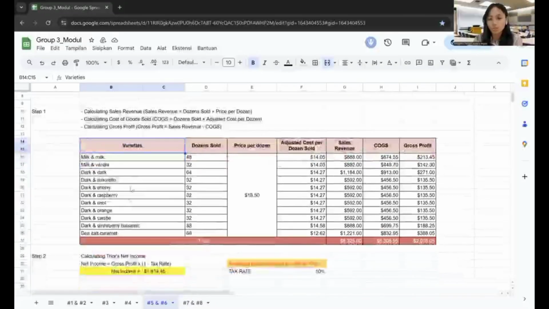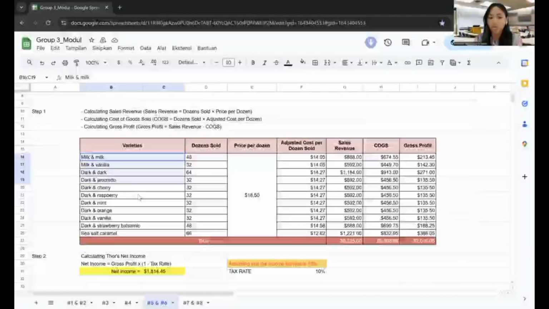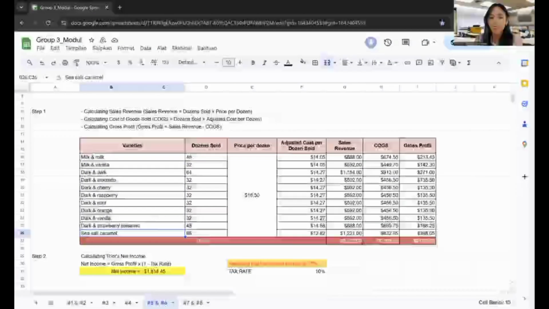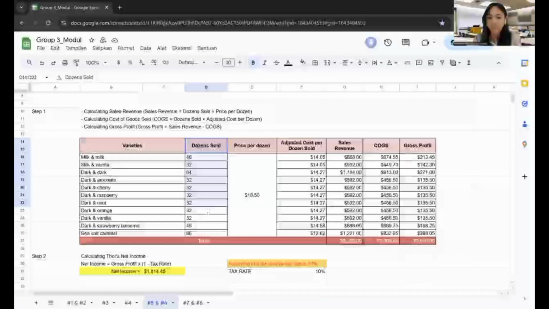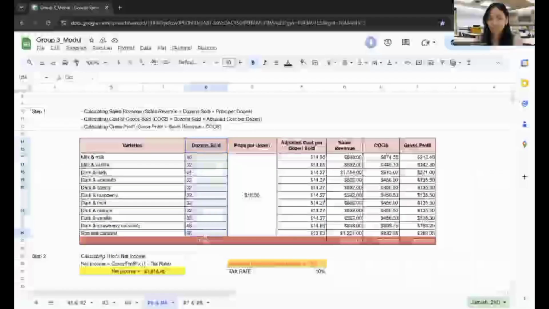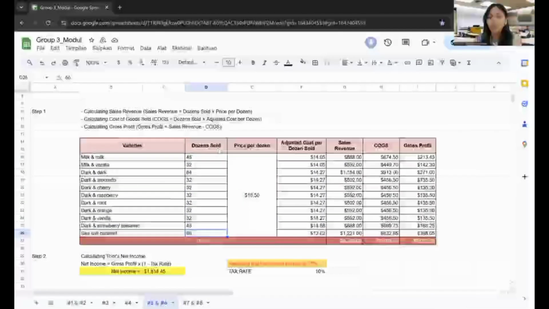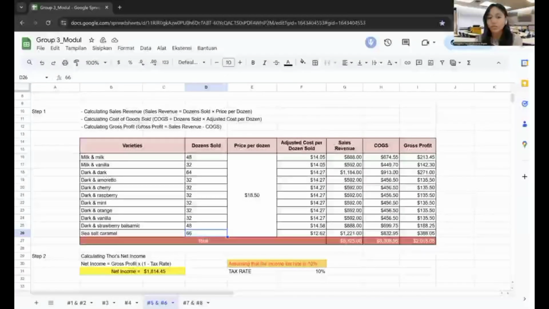To make it easier, we need to make a table with all of the varieties and with the information of each dozen sold. And then we will use this dozen sold to find the sales revenue and the cost of goods sold. The difference is, when you want to calculate the sales revenue, you will multiply the dozen sold with the price per dozen, and you will get all of this result.